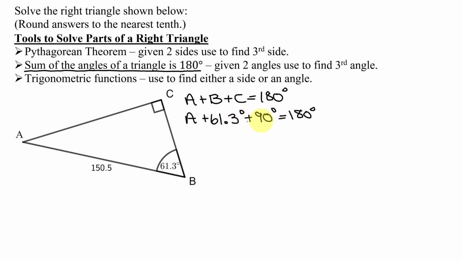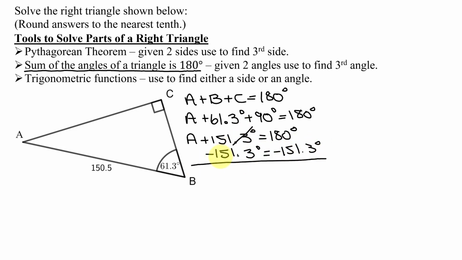Now, adding up like terms on the left-hand side, I get A plus 151.3 degrees equals 180 degrees. Solving for A, I'm going to subtract 151.3 degrees from both sides of the equation. And so I get the measure of angle A is 180 minus 151.3 degrees, which is 28.7 degrees. So I've found the third angle in this triangle.